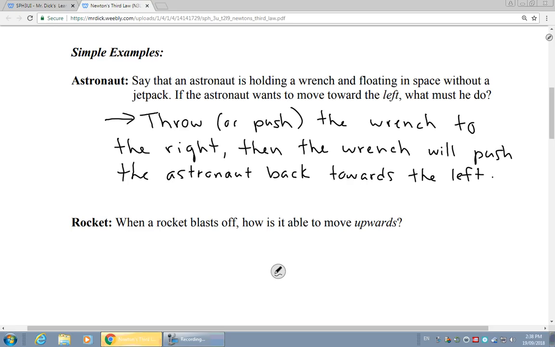So that's the idea and how Newton's third law can help us to explain this. If we throw or even just push that wrench towards the right, that wrench must then apply an equally sized amount of force back onto the astronaut, which would push them back towards the left. And again, remember, it's two separate objects. The wrench experiences the force to the right, while the astronaut experiences the force to the left.